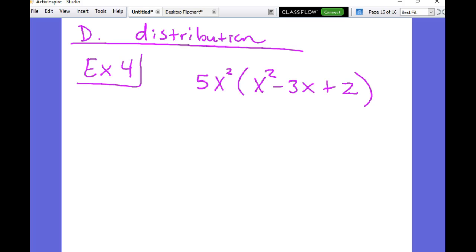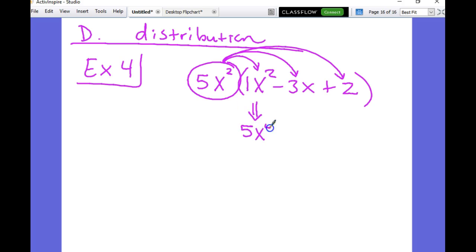Okay, here we go. This guy on the outside, we're going to multiply it by all 3. You guys know how to distribute, right? It's just that now I'm distributing a monomial and not just a number. It's not just a constant. So 5x squared times 1x squared, what will that be? 5x to the power of 4. Good. How about the next one?